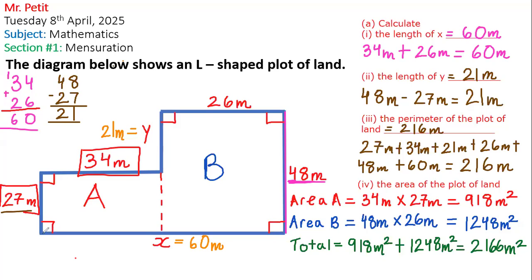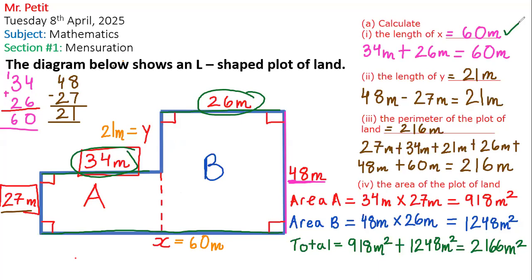To figure out what X is, we have to add this 34, because this is the length of this one, and this 26, because this is the length of this. So X is equal to 34 meters plus 26 meters, and that gives us 60 meters. Make sense?